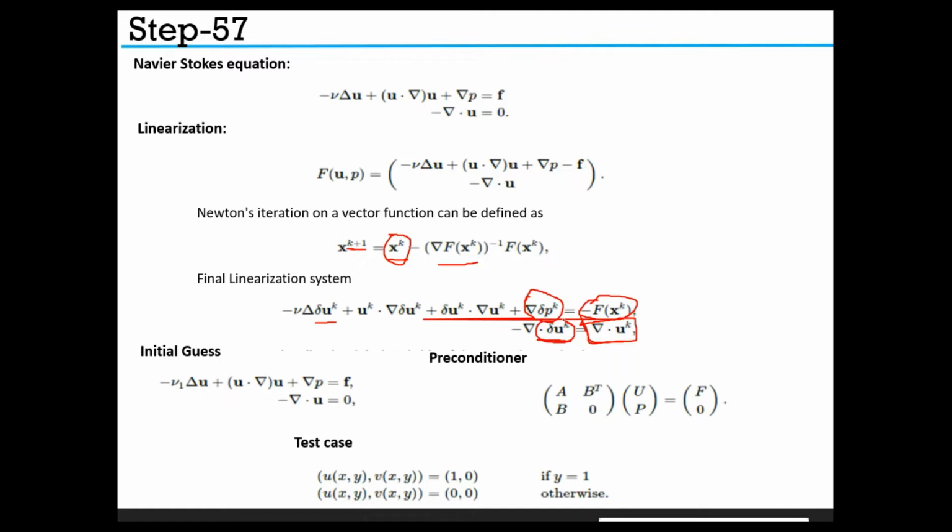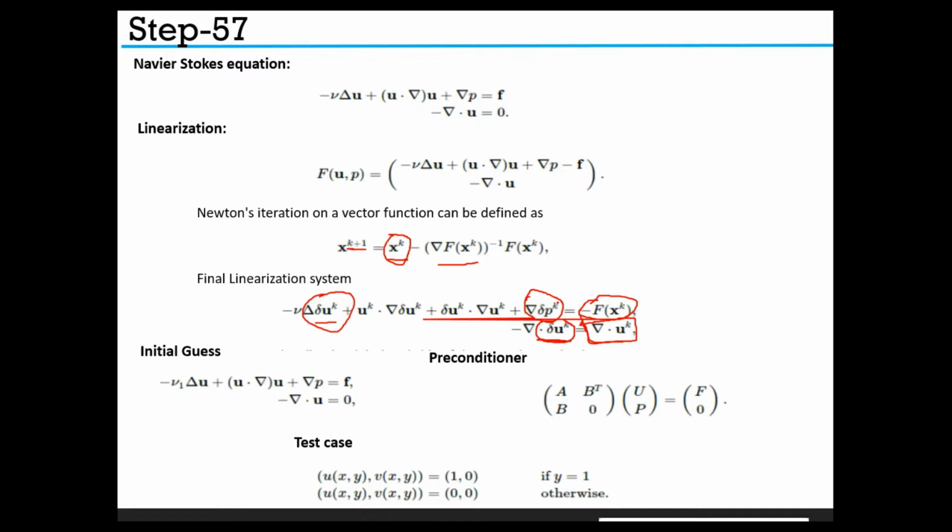Then we can use a similar strategy to step 22, and now Newton's iteration can be used to solve it: initialization with an initial guess u_0 and p_0, and the tolerance, and a linear solve to compute the update terms, del u_k and del p_k.